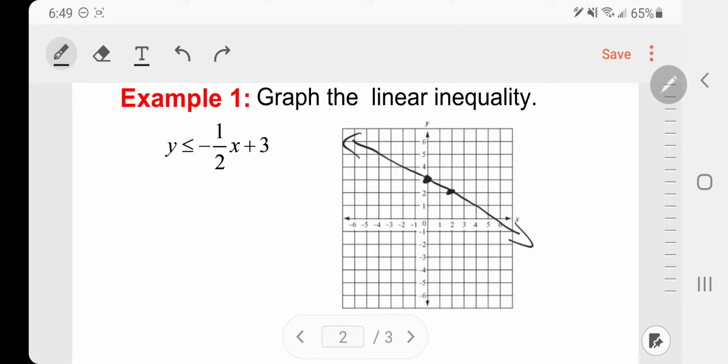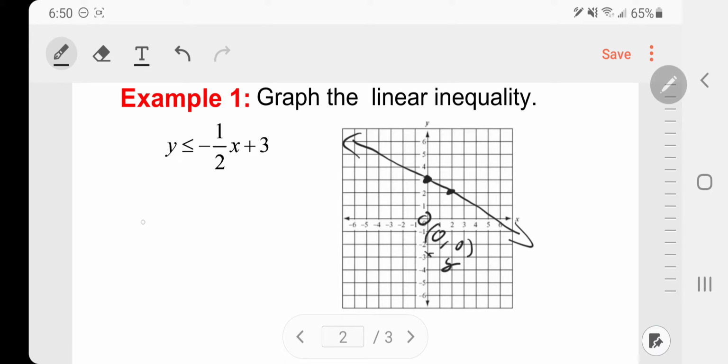Now we want to test whether we are going to shade everything underneath or everything above. I do that by testing a point to see if it's a solution. I'm going to use the origin, which is a very easy point to test. The origin is 0, 0, so that's our x and y.